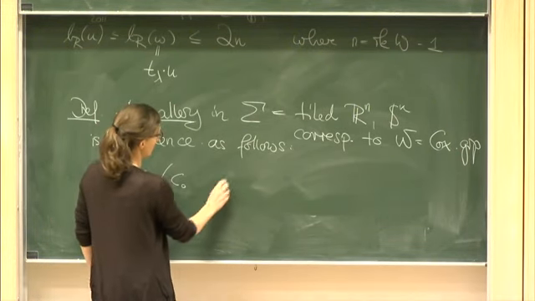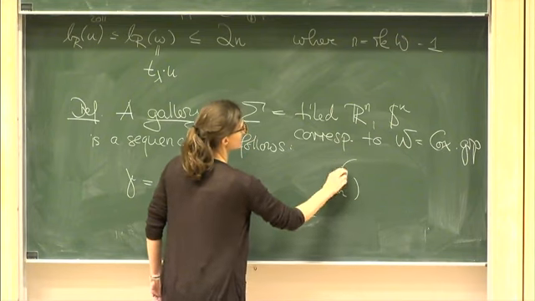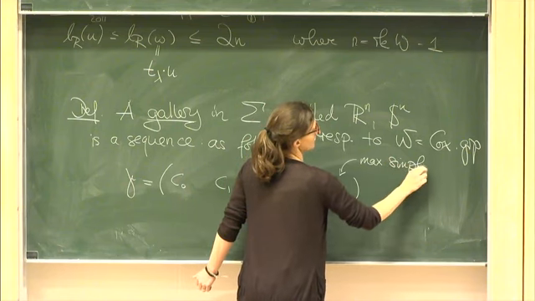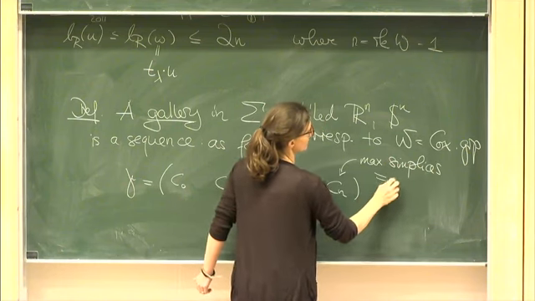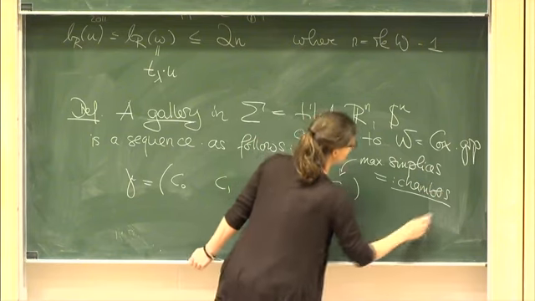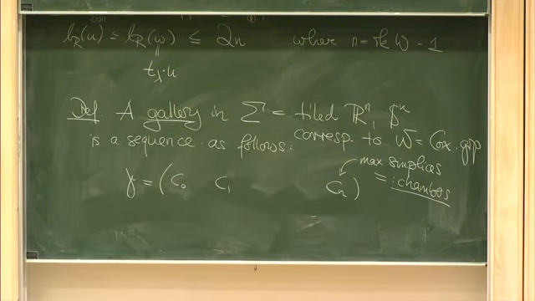And then you keep going, you add a bunch of maximal simplices. And we give them a name, they're called chambers. And then you go, okay, so you have this one, and then you take another one, and you might repeat it, and then you go to the next, and so on.